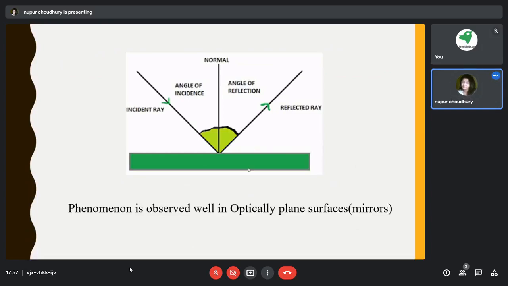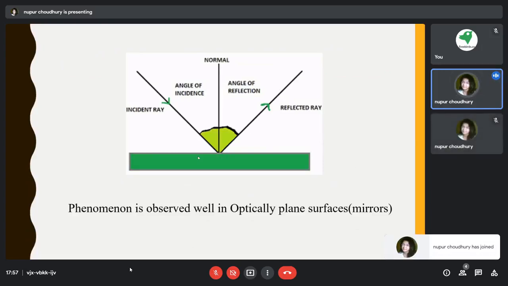The incident ray and the reflected ray all happen within this surface. The ray of light fell on this surface, and after it got reflected, it goes back to the same medium without changing the medium, but the path is changed.